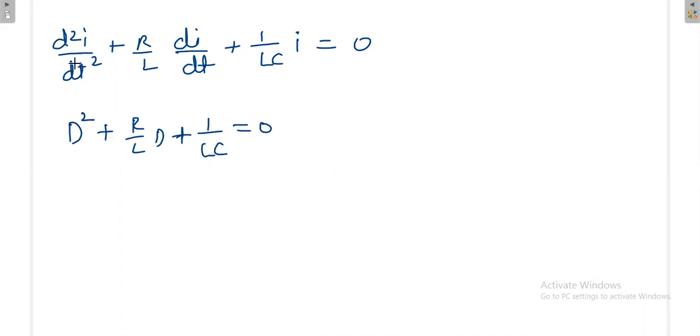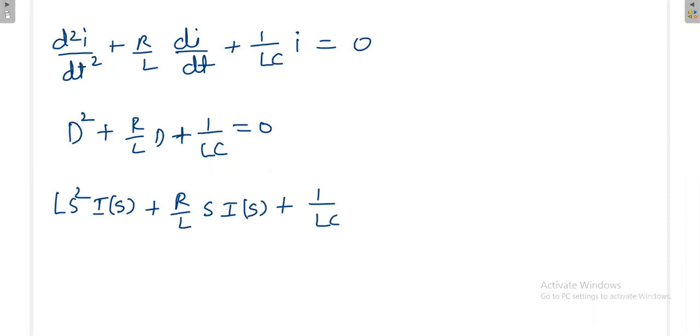We can also represent this equation in terms of the Laplace transform. Taking the Laplace transform, we get L s square I of s, then R by L I of s, then 1 by LC I of s. This I of s you can take out. Sorry, we wrote it wrong here.